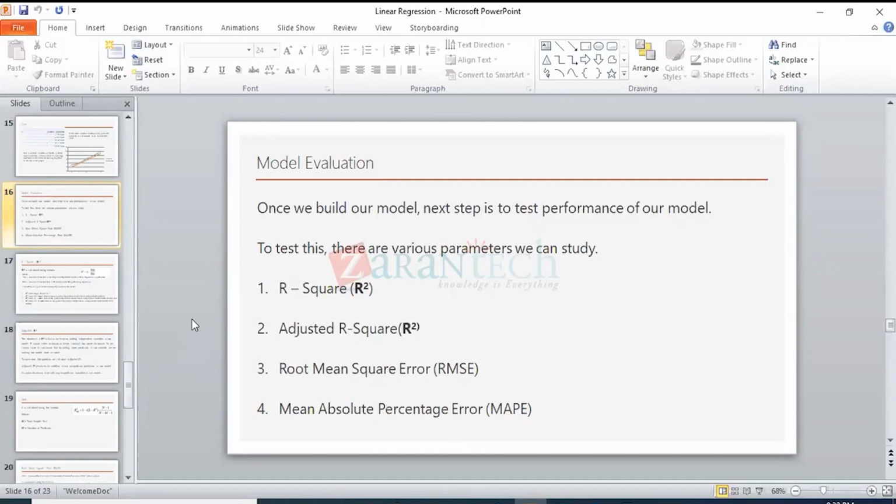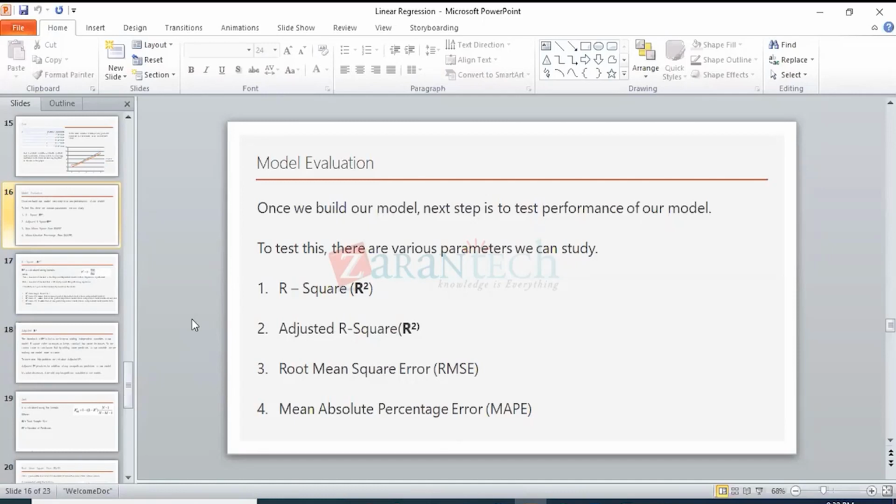Whenever we build a model, we always have to do this step, that is, evaluate our model. We need to check how our model will perform in actual scenarios. For that, we have multiple parameters based on which we can say, okay, this model is pretty good, so we can go ahead with it, or this model is not up to the mark, so we cannot move ahead with it.